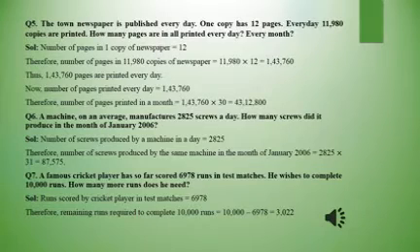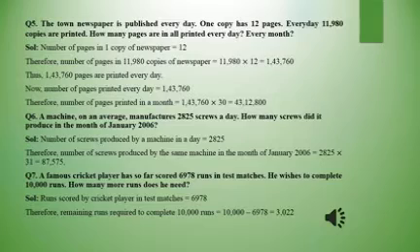Then question number 6 states that a machine on an average manufactures 2,825 screws a day. So how many screws did it produce in the month of January 2006? The machine produces 2,825 screws per day. January has 31 days.